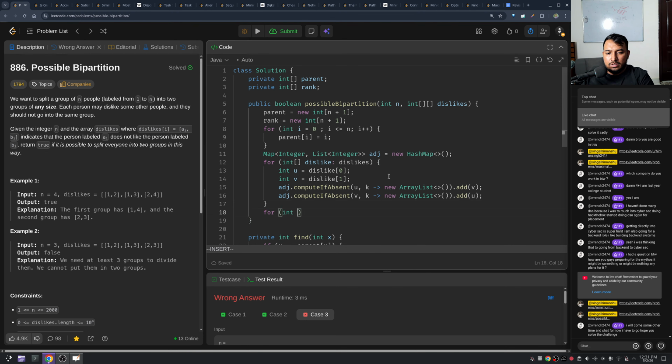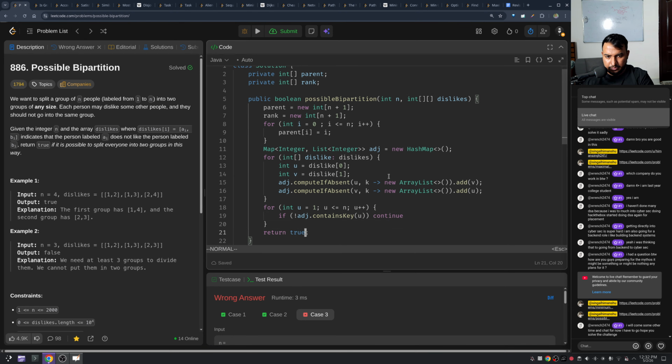Now for all the nodes starting from 1, if not adds dot contains key u, continue, and if it contains a v, I do not get u.